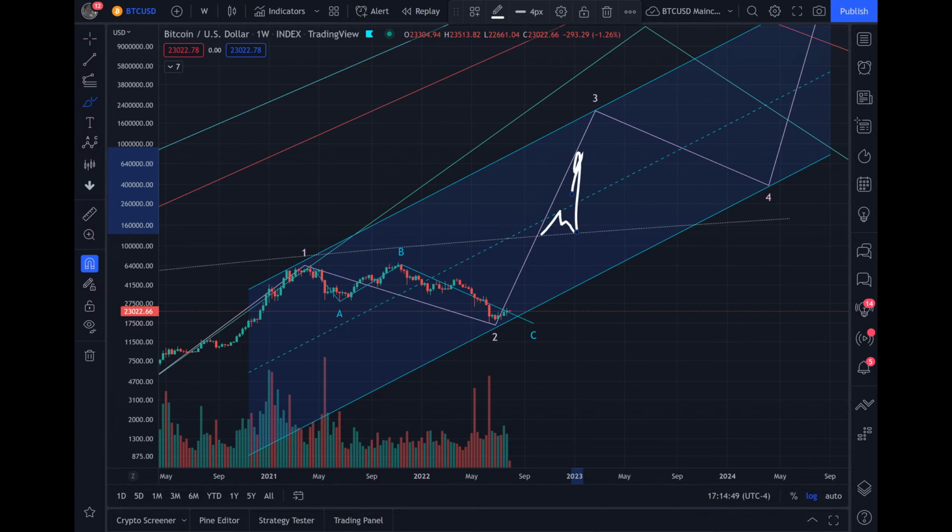So that's my big 1,000-foot view on 100K and why 100K is so important in the larger scheme of things. It's not just a round psychological number, but it is technically crucial to our continuation of this wave 3 impulse, okay? And to making these ridiculous 7-figure targets for Bitcoin.